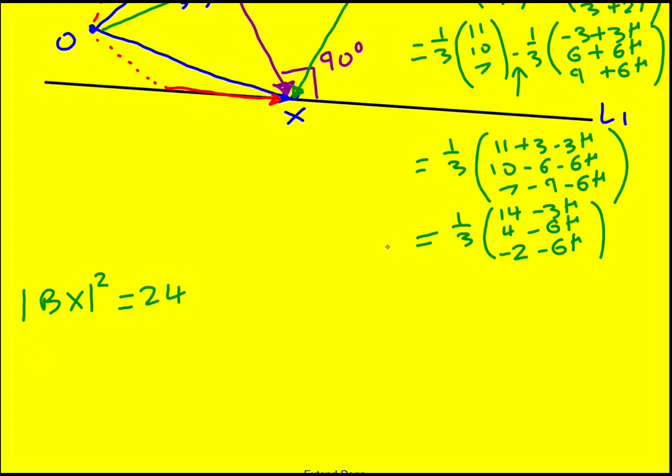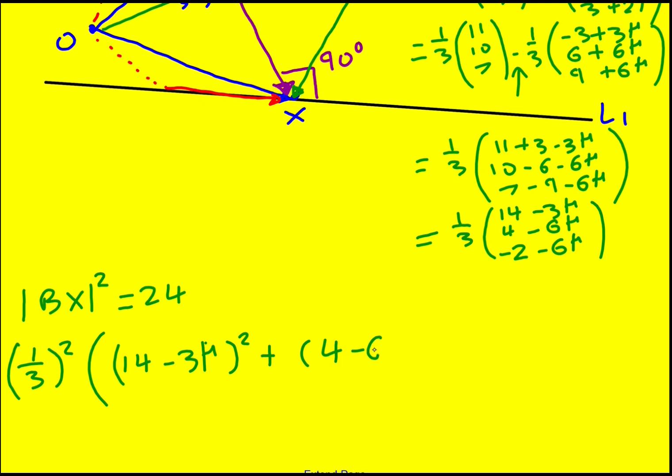So let's apply Pythagoras. It's going to be a third squared, and then 14 minus 3 mu, squared, plus 4 minus 6 mu squared, plus minus 2 minus 6 mu. Do you know what? We can just say 2 plus 6 mu, because there's two negatives. If you square minus 3, it's the same as squaring 3. So let's just square the negative, which is 2 plus 6 mu.